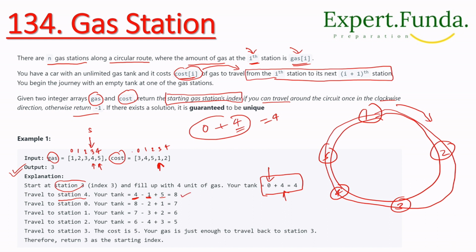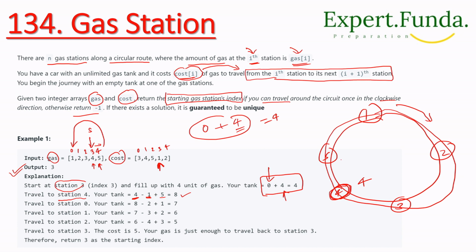Next, this is circular, so we have to go to the index here, right? Because we have started from here and that's why we have come this way. Now it makes a circle. We started at index 4, and here we have got 4.